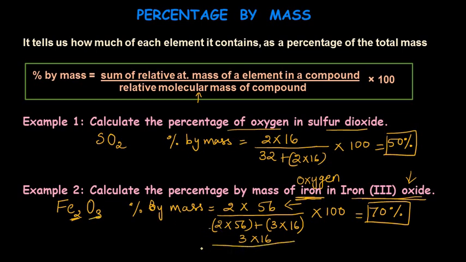Again divide by the same thing and multiply by 100. Whatever answer we get will be the percentage by mass of oxygen. I hope you are very clear with what percentage by mass is by now.